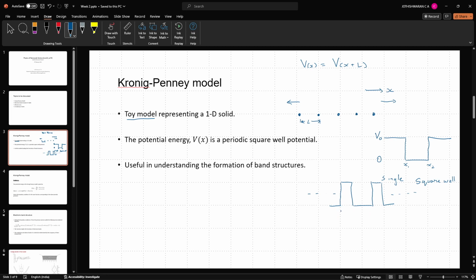So for our purposes, I shall say that this region here is width A, and I'm going to call this width B, and I will say A plus B is equal to L. So this valley region essentially corresponds to the low energy domain.